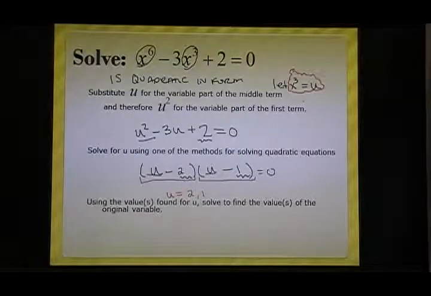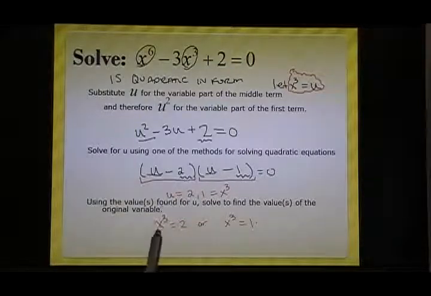We let u replace x to the 3rd. So if we say u equals 2 and 1, that's like saying x to the 3rd equals 2 or 1. So I have x to the 3rd equals 2, or x to the 3rd equals 1.